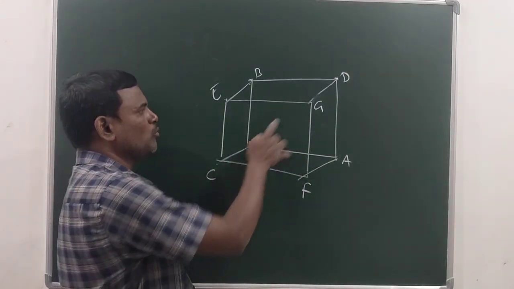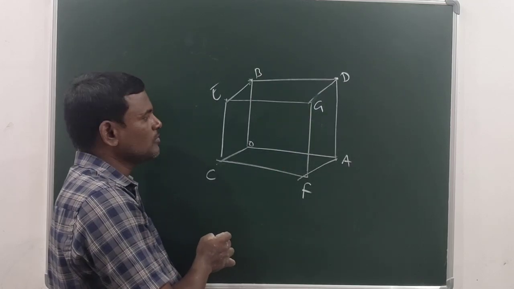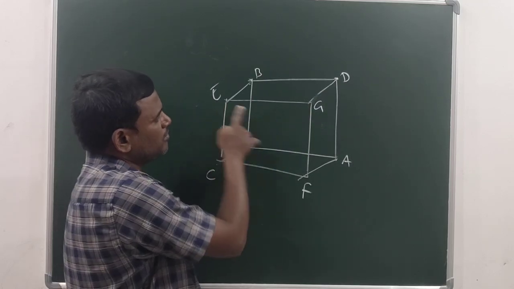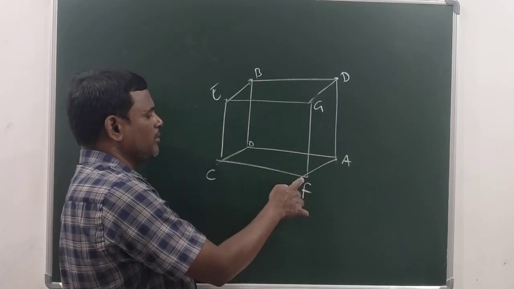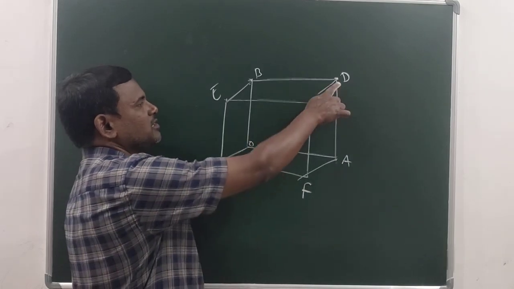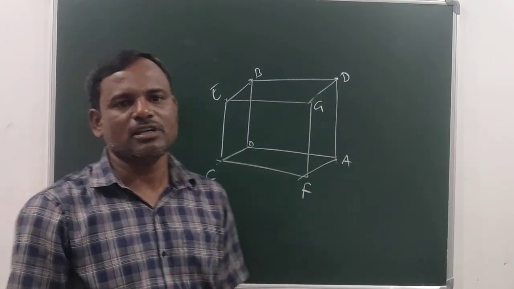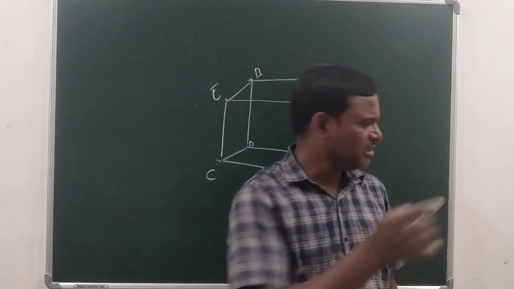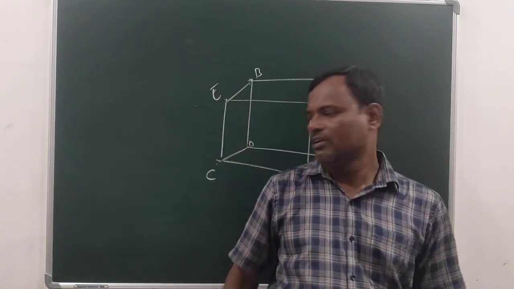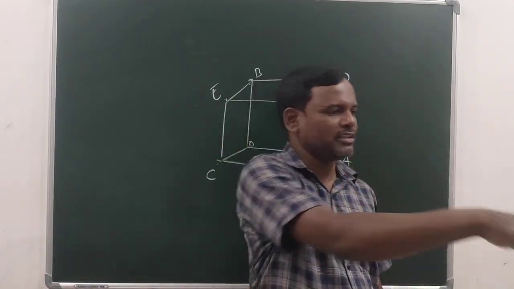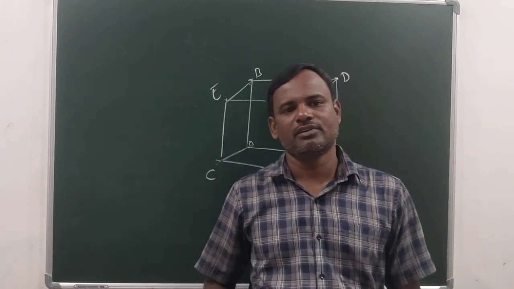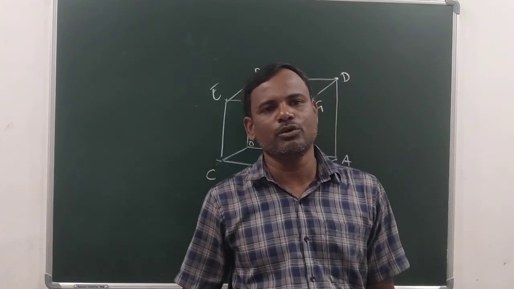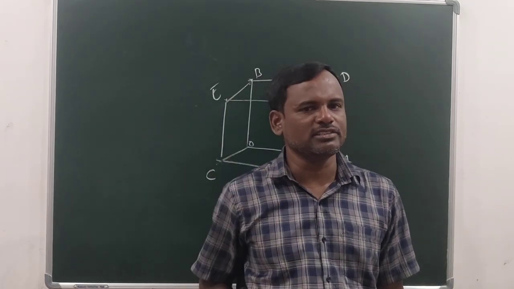In this cube, OG, AE, BF and CD, 4 diagonals are possible, same like our classroom. That corner to that corner, and this corner to that corner. If you treat our classroom as a cube, you will get 4 diagonals.